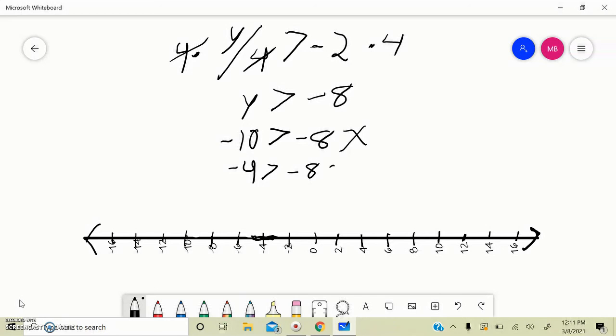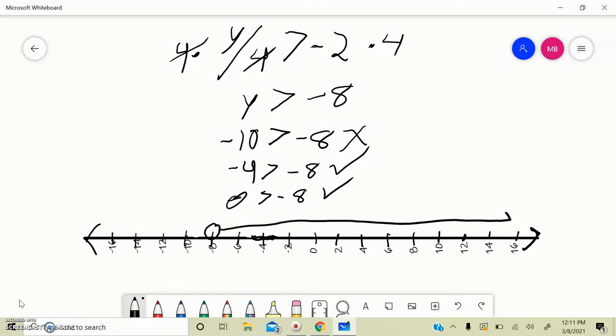Well, yeah, that one works, because it's closer to 0 than negative 8. Let's try 0. I want to just do 0 is greater than negative 8. Does that work? Yes. Now I know. I'm going to go ahead and put my circle, and I'm going to plot my line.